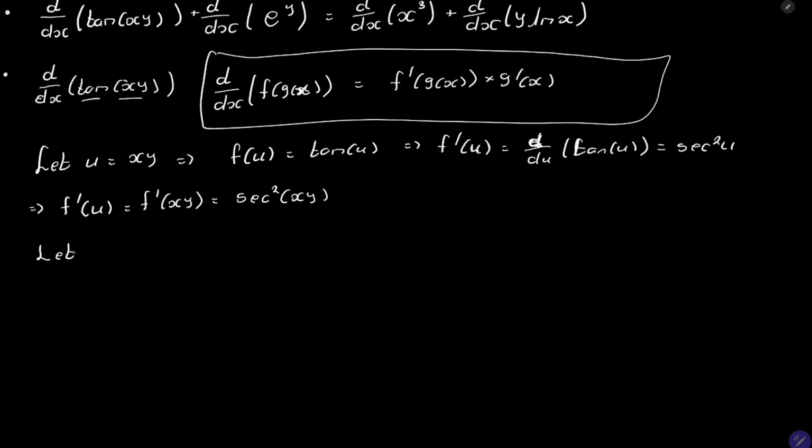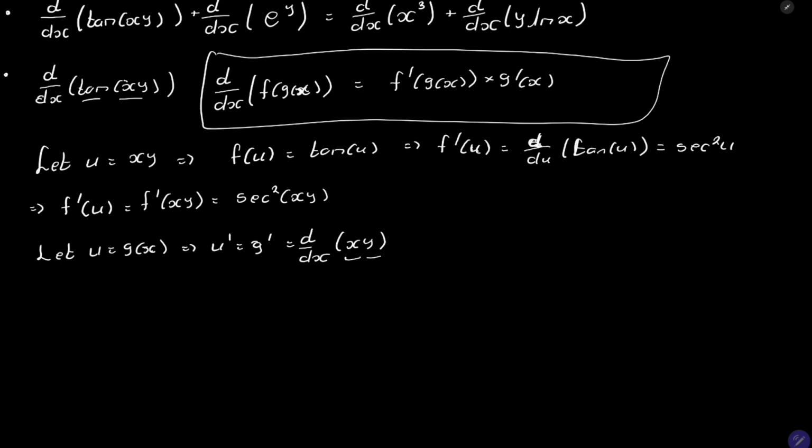Now we let u be equal to g of x, or we could directly say u prime. This implies that u prime, which is equal to g prime, is equal to the derivative with respect to x of our function xy. When we look at this function, we notice that this is a product of two different functions, with our first being x and our next being y.